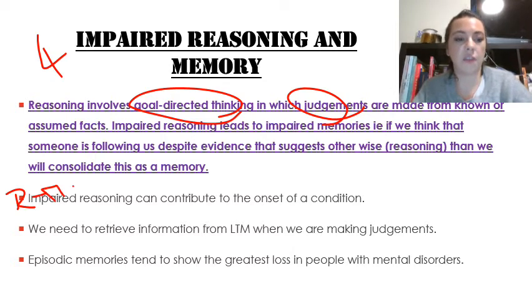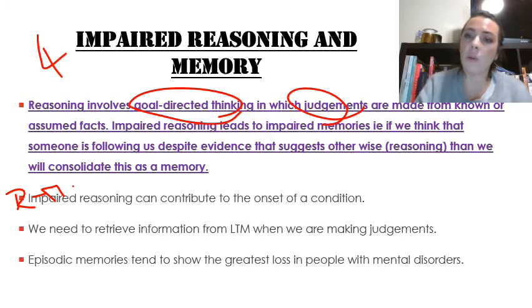So reasoning kind of leads to incorrect memories. And we know a lot about incorrect memories from our work on Loftus. So the key thing here, I suppose, is reasoning. So when we are engaged in good reasoning, we use what we already know or what we assume to be true and draw conclusions that we believe to be correct.